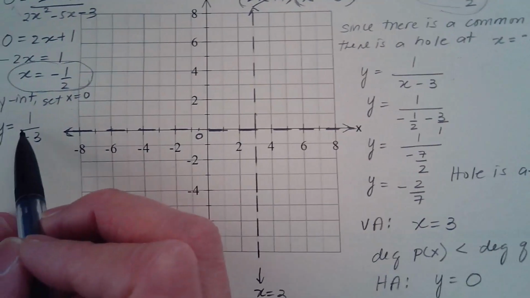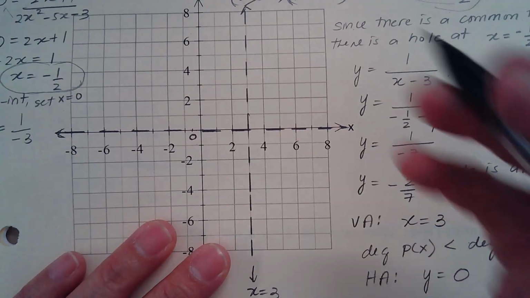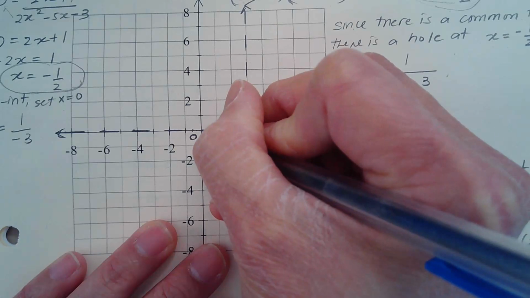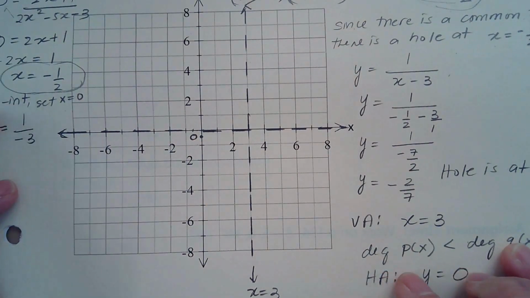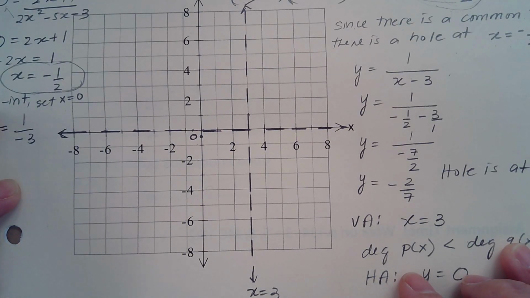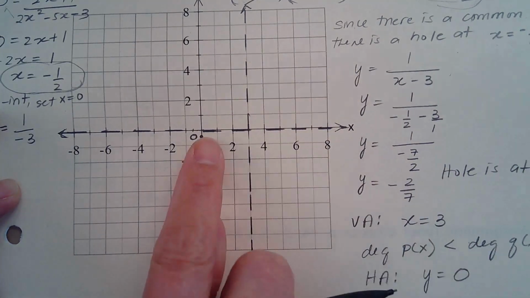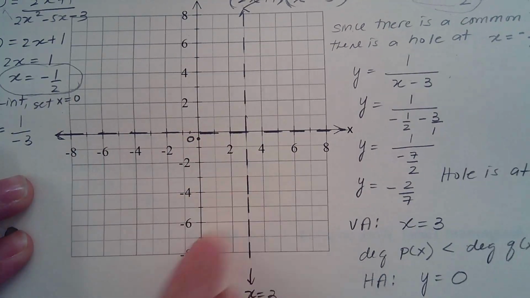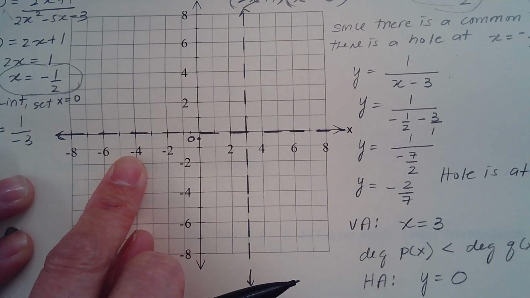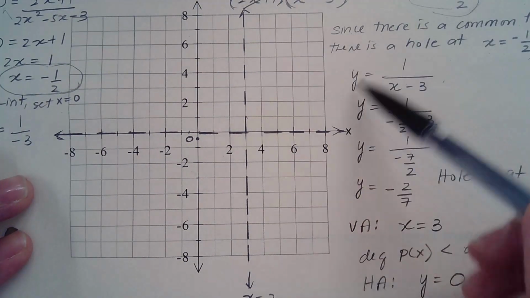Now, what about the y-intercept? Y-intercept is negative 1/3. Where's negative 1/3? That's going to be right there. So what's happening now? How many pieces do we have? I have a point in here, so I'm thinking that the graph will be in this area, and then on this side it's going to be over here.